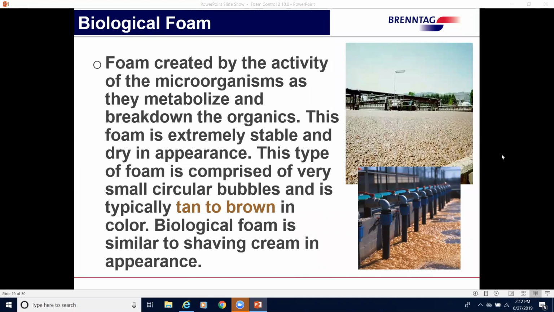Generally speaking, if you have a tan to brown color foam that has almost a dry shaving cream-like appearance, it's most often caused by the microorganisms in the water breaking down the organics. This foam is generally very stable. Like I said, it's got a dry shaving cream-like appearance. So if you come across something like this, it's pretty safe to assume that biological microorganisms could be the cause.